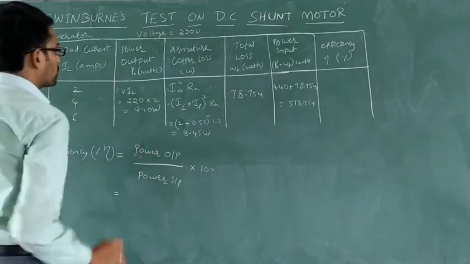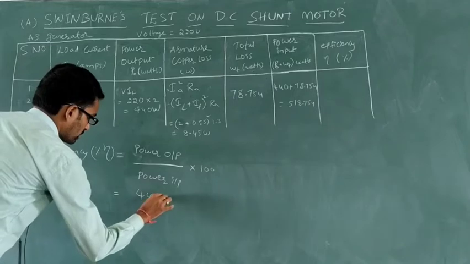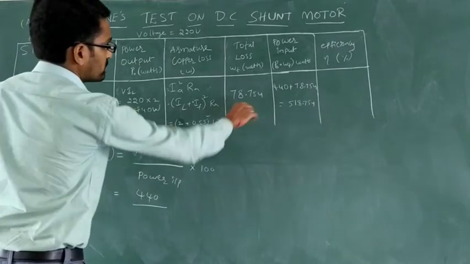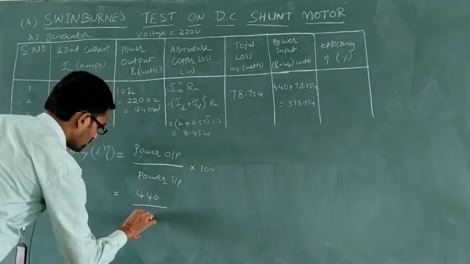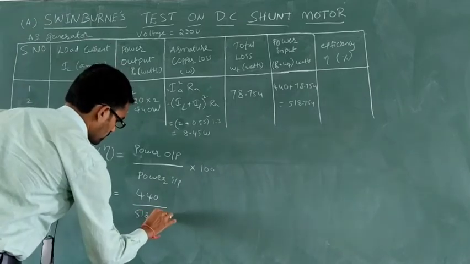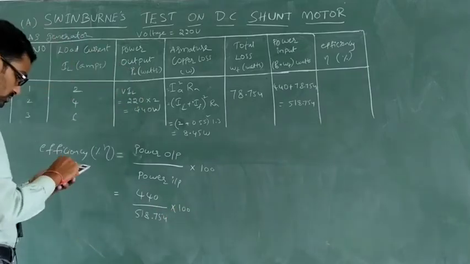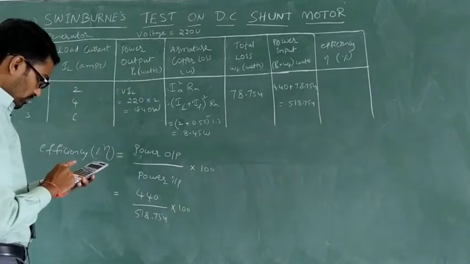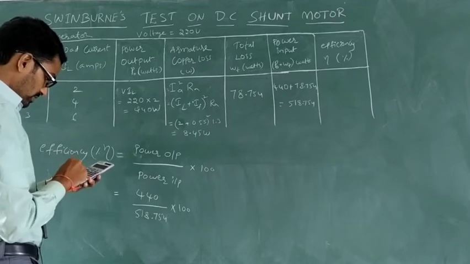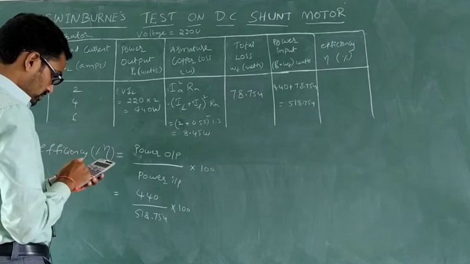So power output is how much? 440. 440 by power input, 518.754, into 100.